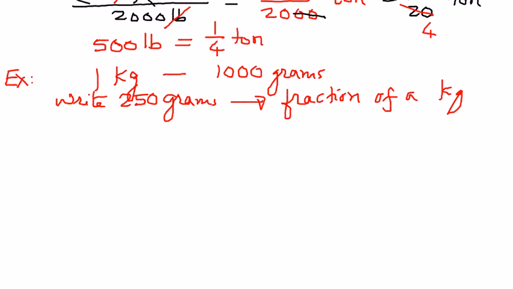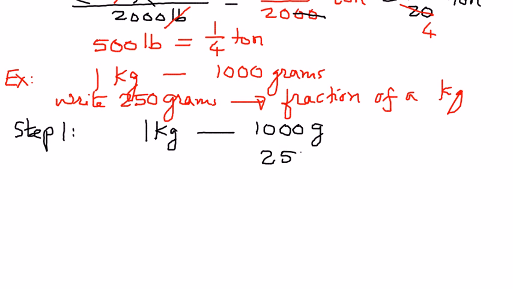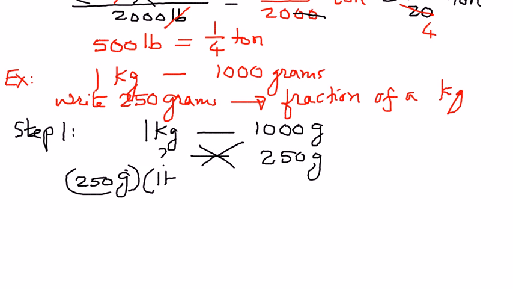Step number 1. What is given to us is 1 kilogram is equal to 1,000 grams. So therefore 250 grams is equal to how many kilograms? We can cross multiply this and then write it out as follows. 250 grams times 1 kilogram divided by 1,000 grams.